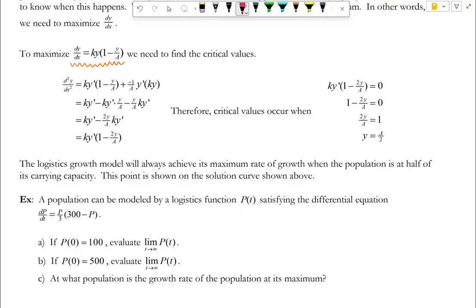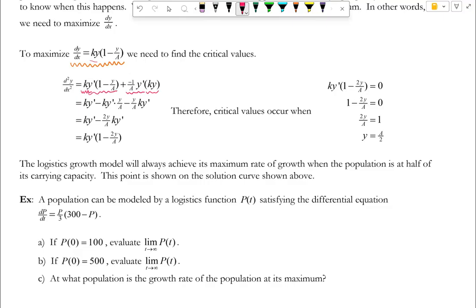Using the product rule, I would get k times y prime, so that's the derivative of my first factor, times my second factor, 1 minus y over a, plus the derivative of 1 minus y over a. Remember, a is a constant, so we don't need the quotient rule there. The derivative is just 0 minus 1 over a times y prime. And I would multiply that with my original first factor, ky.